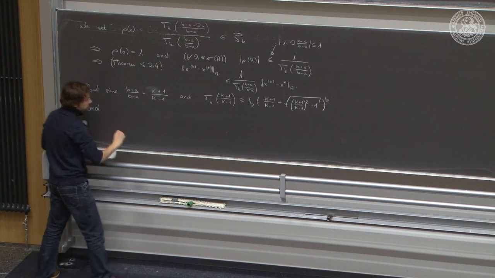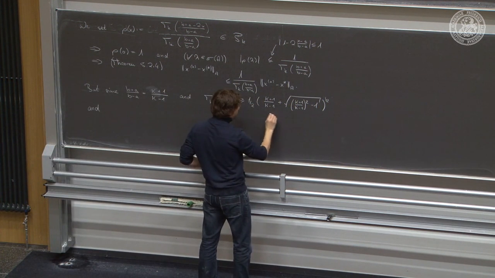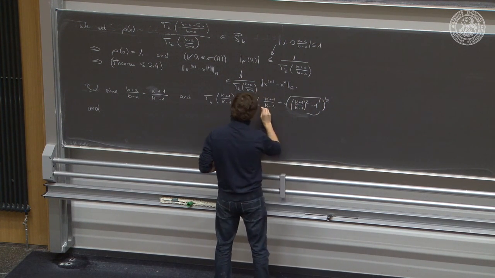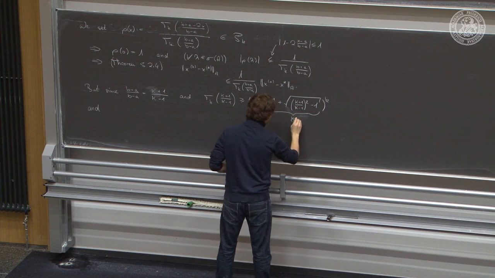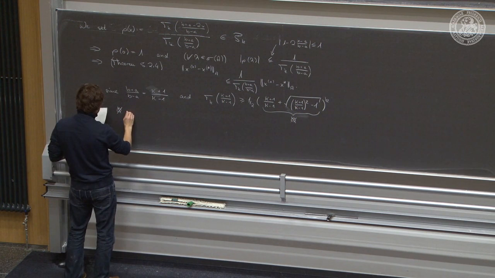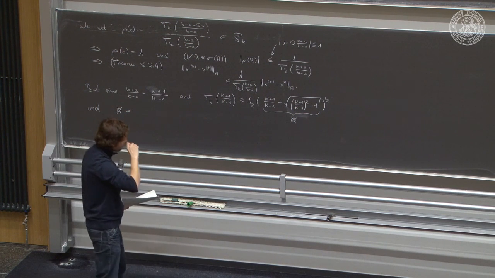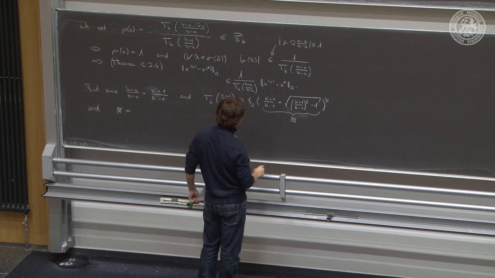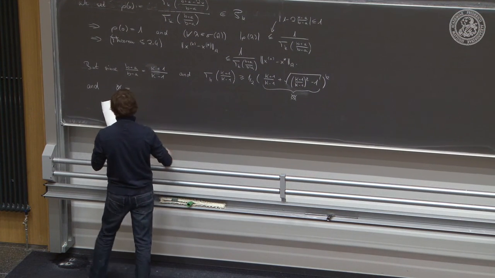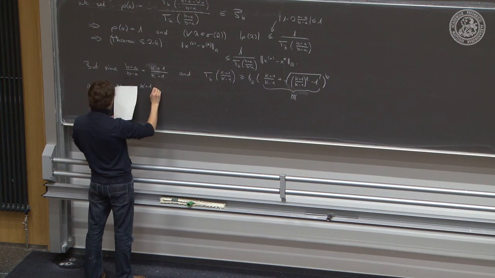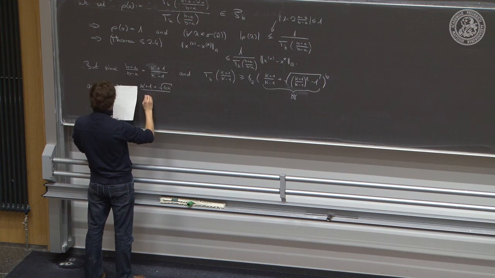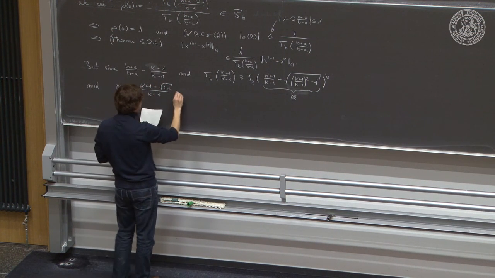Finally, we rewrite the complete expression in brackets. This is something like (kappa plus 1 plus the square root of 4 kappa) divided by (kappa minus 1).